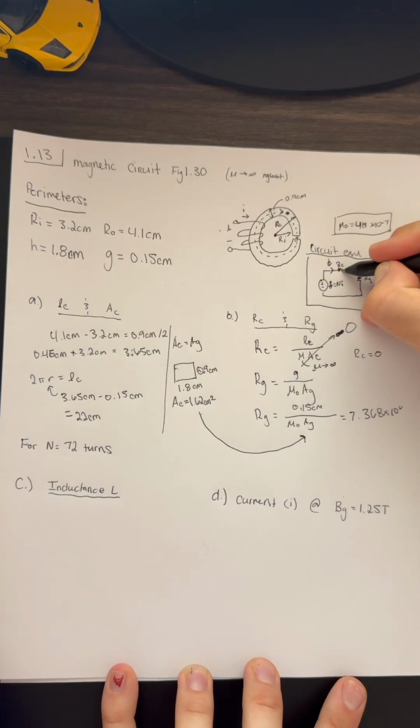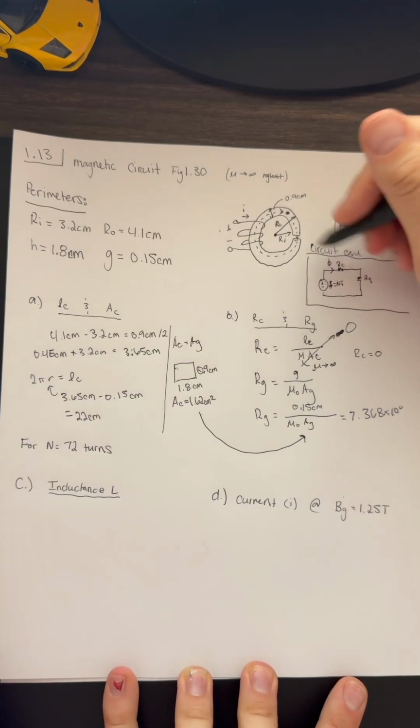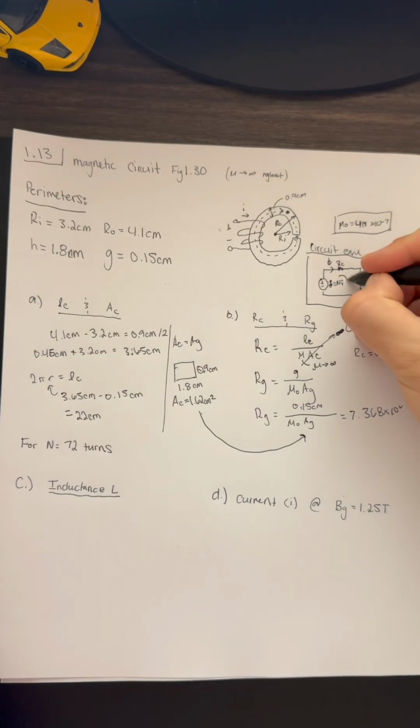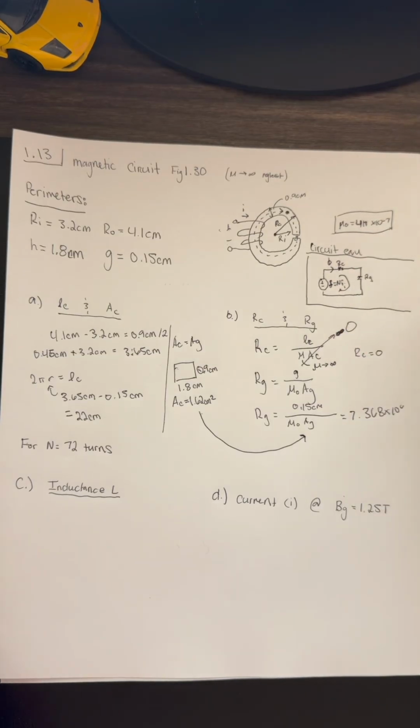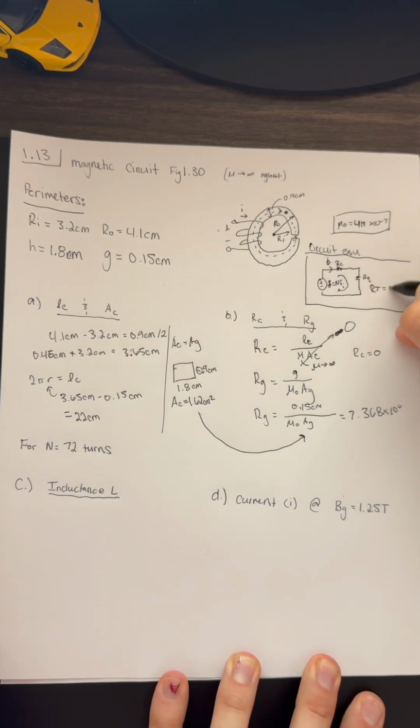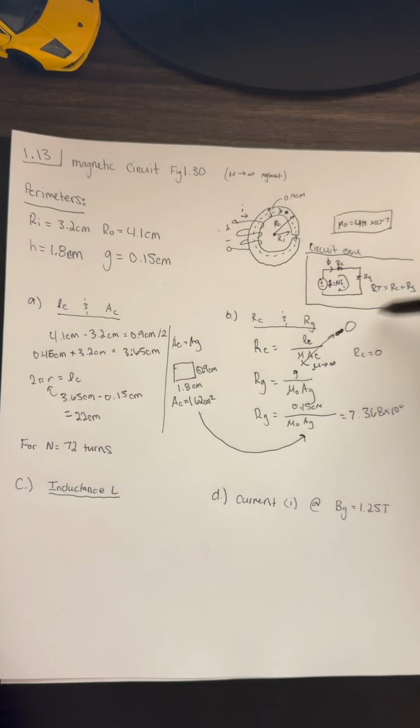RC and RG are two different areas, so they have two different resistances. Then we can calculate the current I for this loop. So R total is equal to RC plus RG. We add those two resistors because they're in series, so you can add them together to find R total.